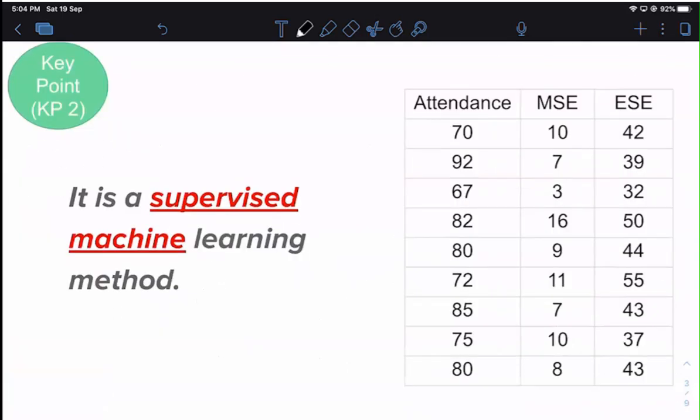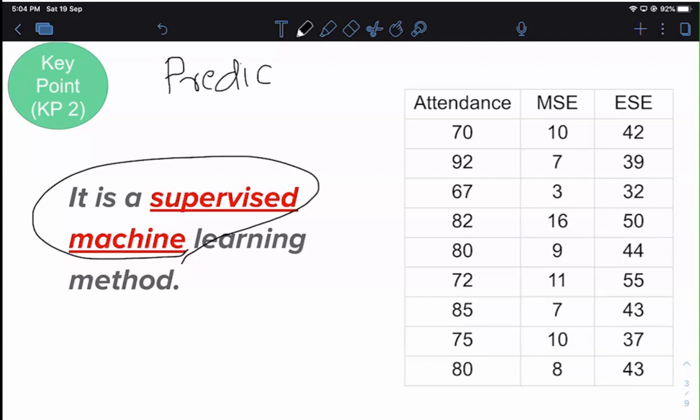The second point that we must remember is that linear regression is a supervised machine learning technique. What does it mean by supervised machine learning technique? In this unit, I will be using an example of predicting the end semester examination marks, ESE, from the students' attendance and the mid semester examination.